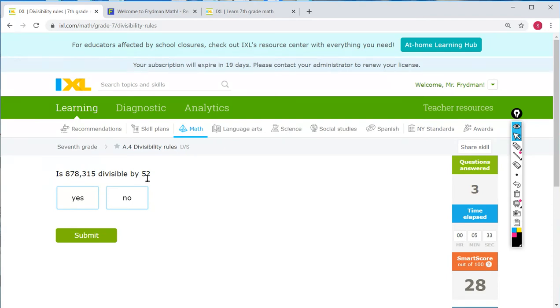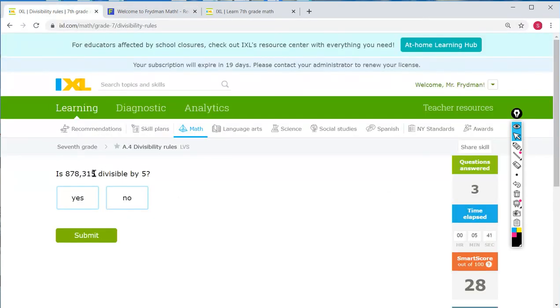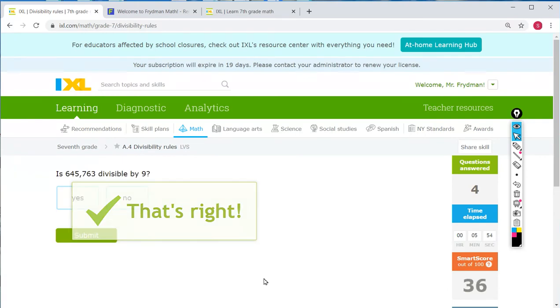Is this divisible by 5? To see if a number is divisible by 5, we just have to see if it ends in a 0 or a 5. This number does end in 5. So if I take this number and divide it by 5, I know that I will get a whole number as my answer. So it is divisible, so we'll click yes.